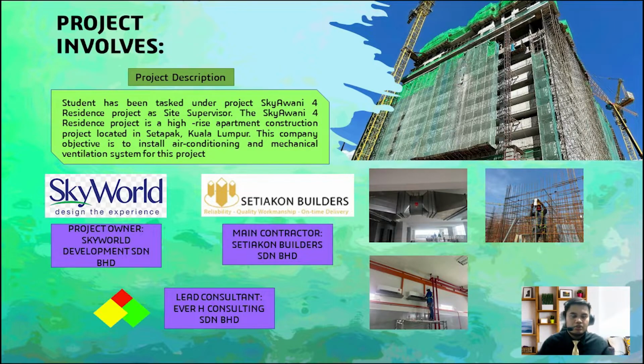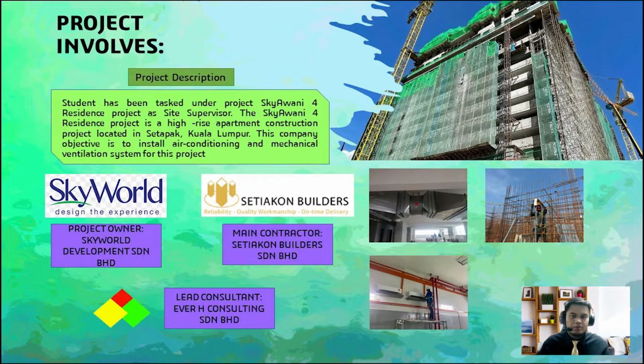The project description is that the student has been tasked under the Sky Awani for residents project as site supervisor. The Sky Awani for residents project is a high-rise apartment construction project located in Setapak, Kuala Lumpur. This company's objective is to install the air conditioning and mechanical ventilation system for this project.